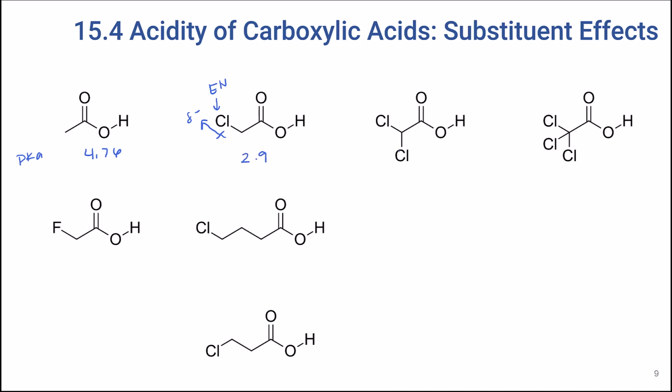If I add 2 chlorines, that's going to have an even greater effect. My pKa now will be 1.3, and for 3 chlorines, my pKa is 0.9. So that hydrogen is just ready to fall off when we add all those extra chlorines, drawing electron density out. If I have a fluorine, which is even more electronegative than chlorine, just 1 fluorine, my pKa will be -2.3.